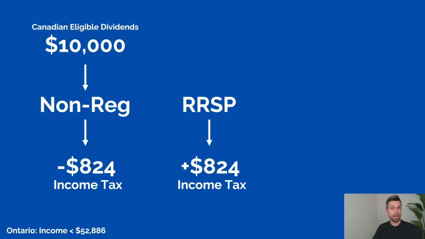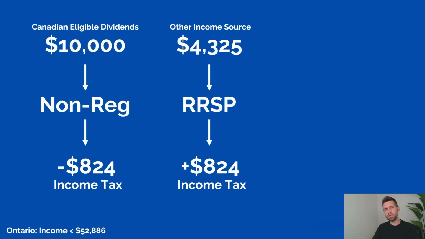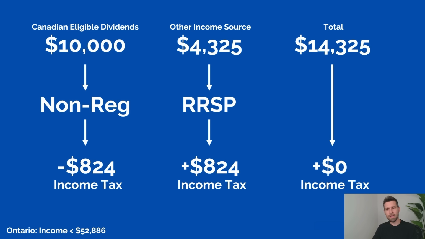We want to maybe make a withdrawal from an RSP to trigger that income tax. And so the pre-tax amount that we need to withdraw to trigger that much tax at that tax level is about $4,325. So the combined income that we're going to be getting in this case is a bit over $14,000, but we're going to pay zero income tax on that entire amount.